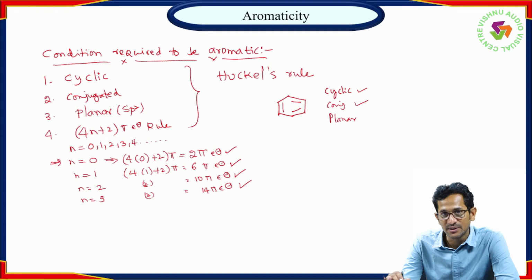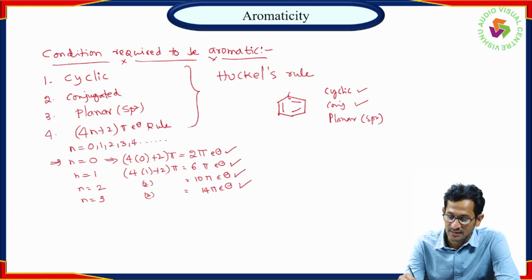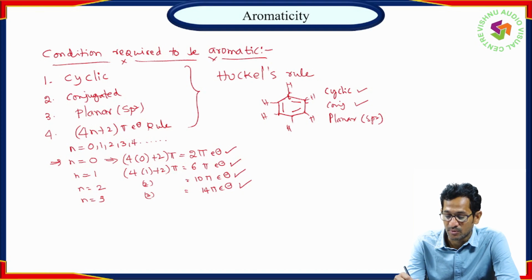The third condition is planar. If the carbon skeleton is a conjugated system, then obviously all the carbons are sp2 hybridized. Let's say we have 1, 2, 3 bonds and one hydrogen for each carbon, C6H6.